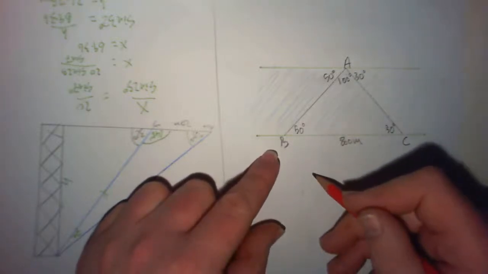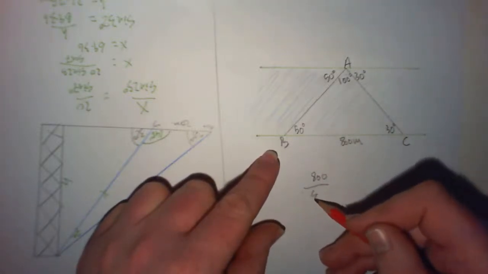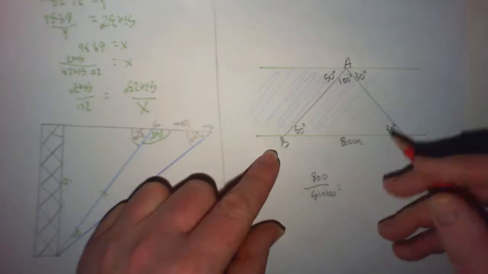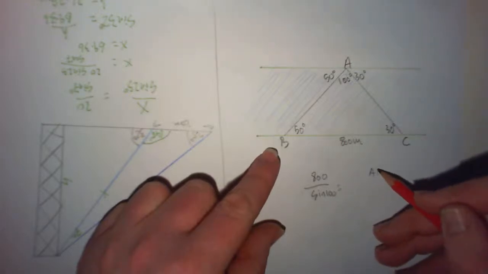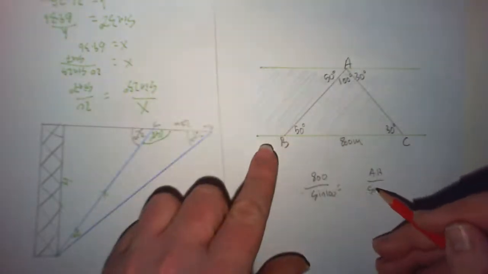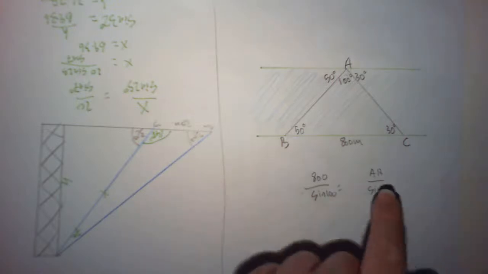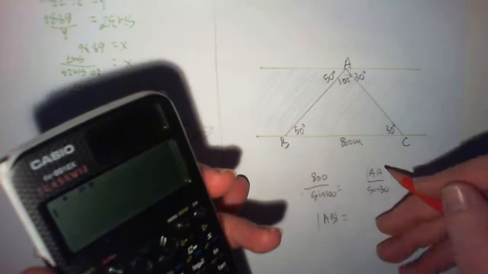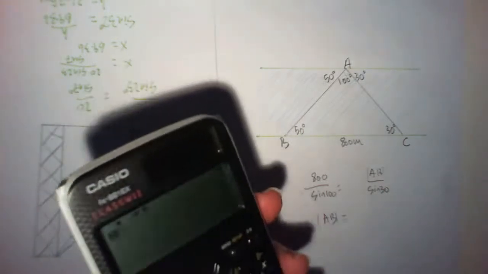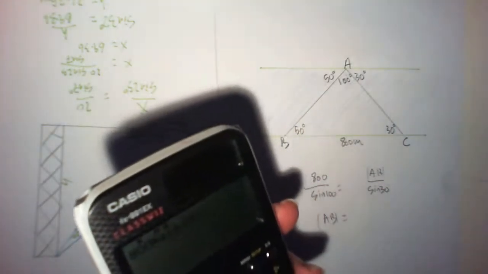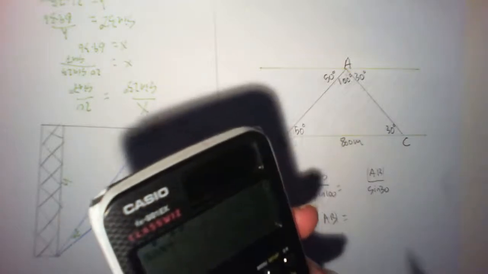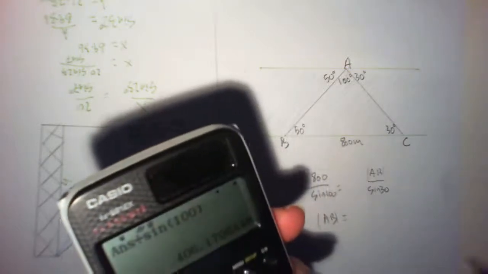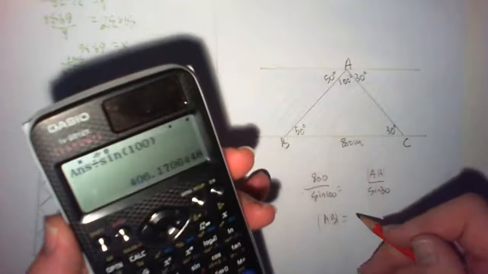So 800 over the sine of 100 is equal to AB over the sine of 30. So the length of AB is equal to 800 by the sine of 30 divided by the sine of 100. 406 meters.